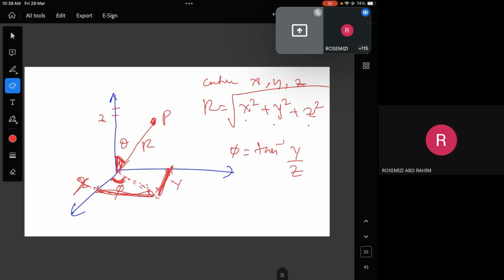Okay, next is theta. Theta will be equal to, okay, this one is r sine theta.